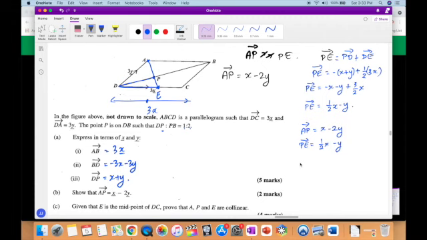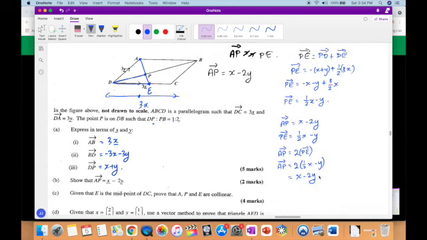If I take PE and multiply it by 2, I will get AP. PE multiplied by 2 will give me AP. So AP is 2 multiplied by PE. The 2 cancels here, and 2 by y, and I'll get x minus 2y.